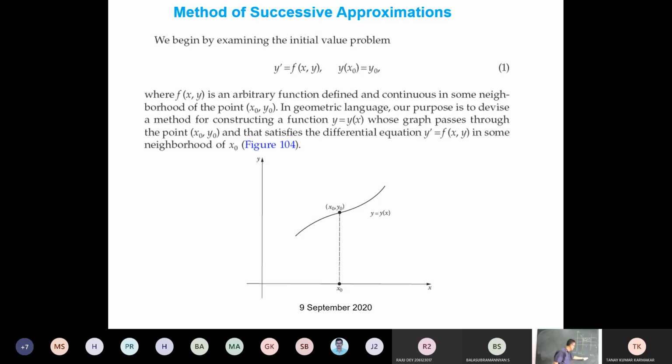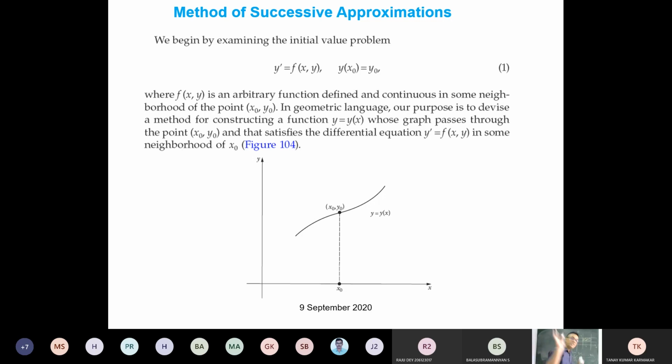Each member of the sequence is going to generate a curve, isn't it? So we are trying to generate a sequence of curves passing through this point. If this sequence converges to some function phi of x, that is nothing but the solution. That is nothing but the green curve. Is it okay now? You should know what we are trying to get.